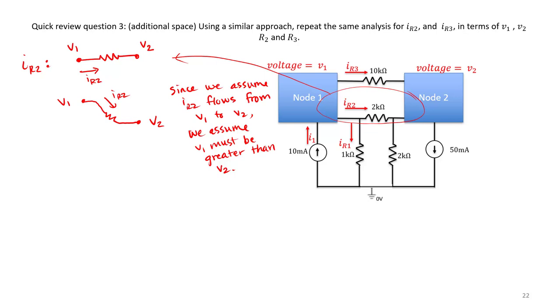Since we are assuming IR2 flows from left to right, let's go ahead and assume that since current flows from positive to negative, our system must look like this. So how much voltage will I lose? Let's just call it V. How much voltage do I lose when I go from V1 to V2?